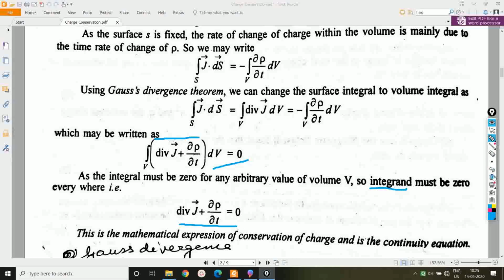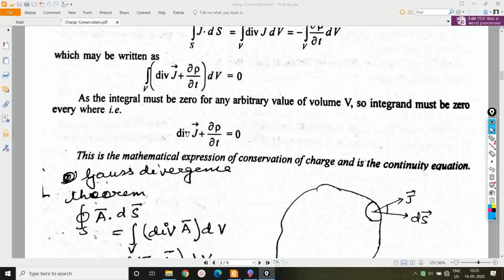This div J plus del rho del t equals 0 is simply known as the equation of continuity. In some books you will see it written as del dot J plus del rho del t equals 0. Some books will write del dot J is equal to minus del rho del t.